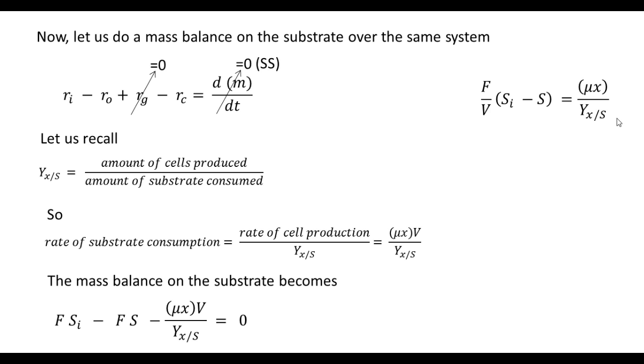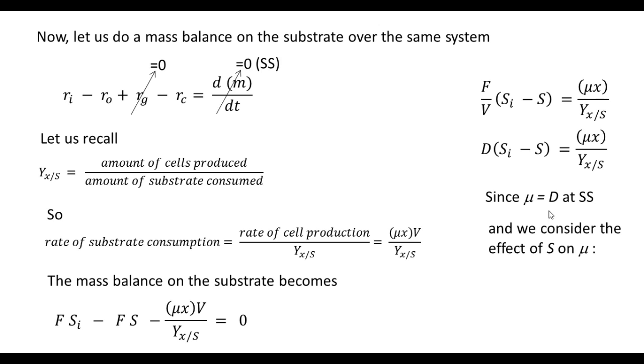Then we divide both sides by V, and we get F by V times Si minus S equals mu x by Y x/s. So F by V is nothing but D, and D into Si minus S is mu x by Y x/s. Since mu equals D at steady state, and we consider the effect of S on mu, mu max S by Ks plus S, which is actually mu, can be equated to D here.